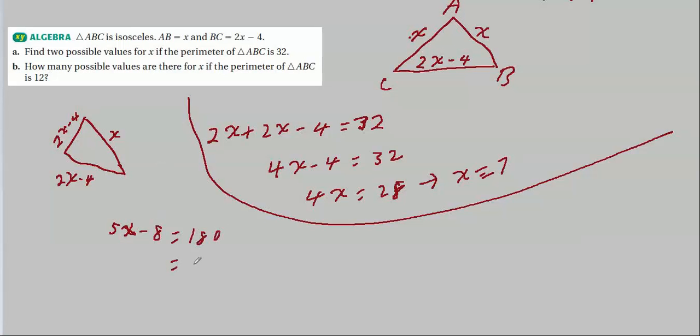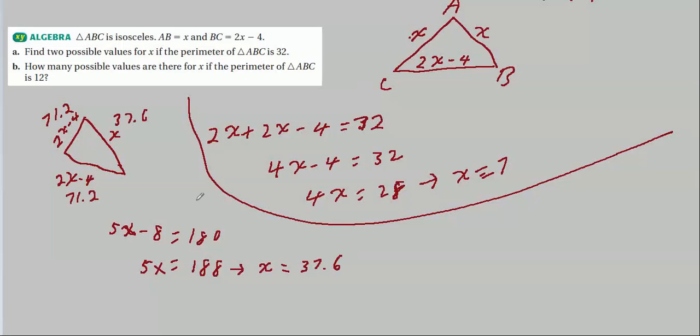Equals 180. Add 8 to each side and get 188. 188 divided by 5.